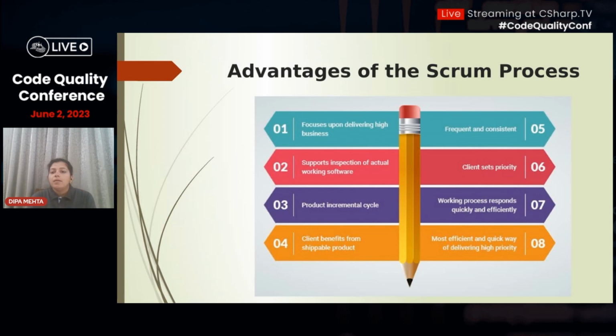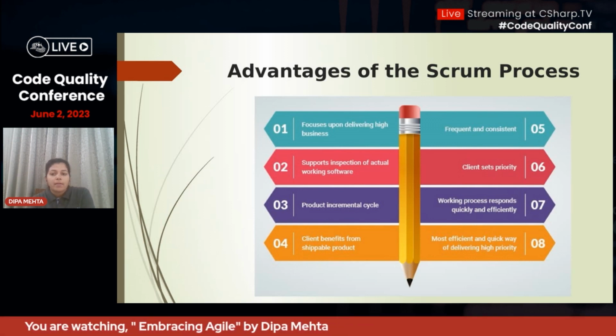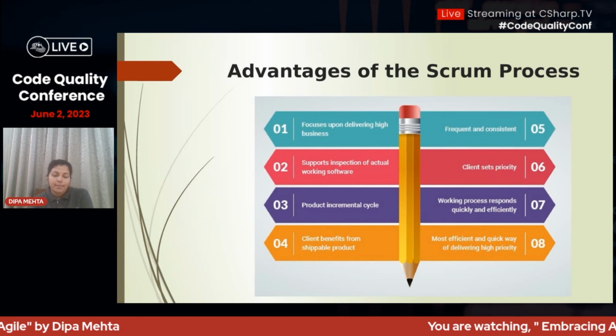Client sets priority. And what is the first requirement? It is prioritized only by the product owner, meaning our client. Working process responds quickly and efficiently. So it is very easy, efficient and quick way to deliver high priority.